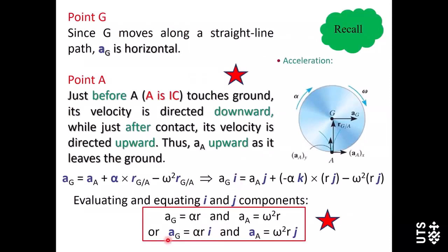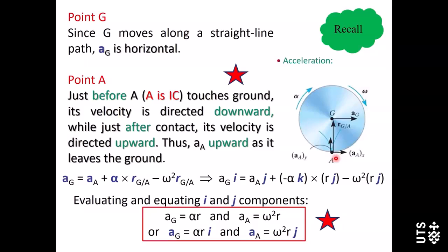And the acceleration at point G can be expressed using angular acceleration alpha times the radius r, and its contact point A is the IC point.